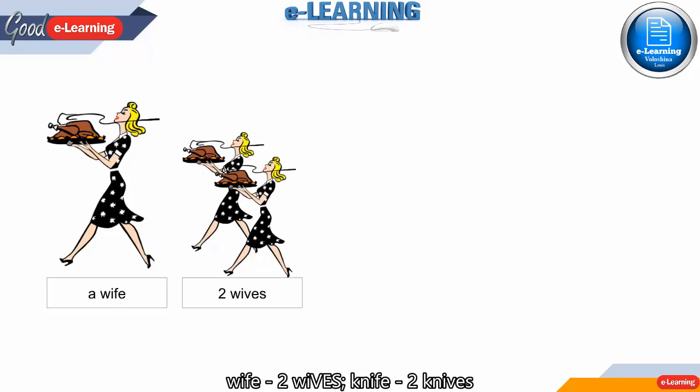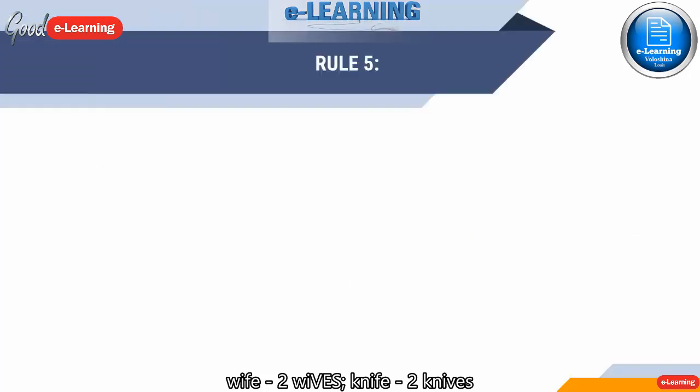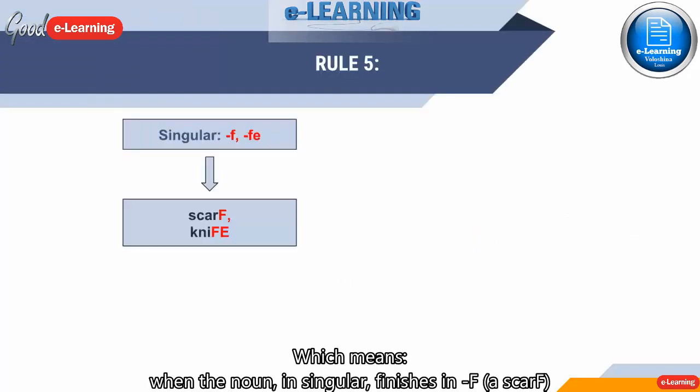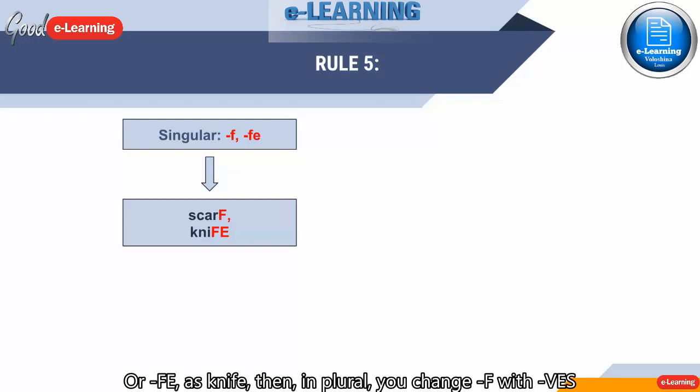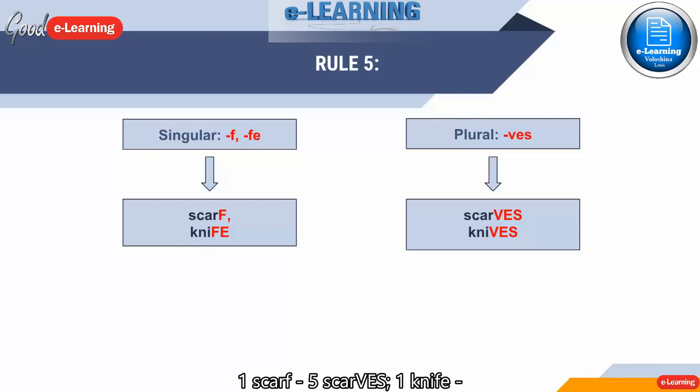Wife to wives. Knife to knives. Which means when the noun in singular finishes in f as scarf or fe as knife, then in plural you change f with ves. One scarf, five scarves. One knife, three knives.